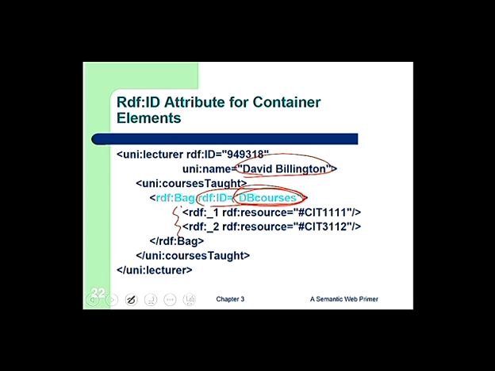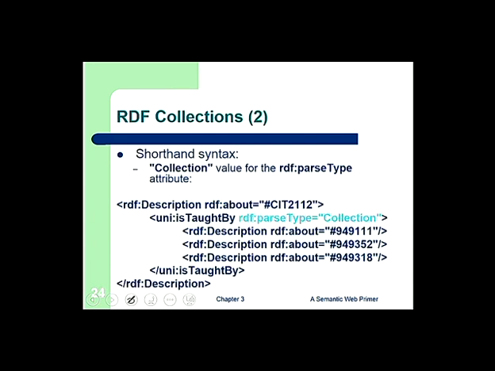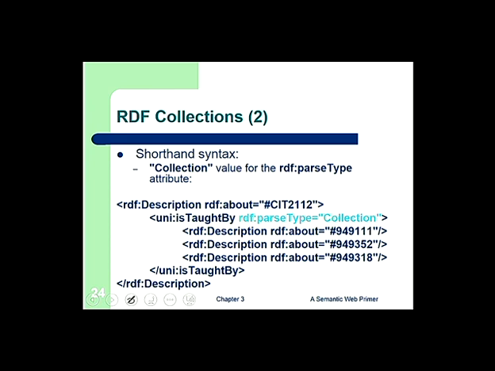So if the requirement is such that I want to say that the list is complete, I want to close the list, then I can use collections for that. Okay. So it is constructed by using these elements. Or there is another way also, we'll see in the next slide. You can just mention RDF parse type as collection.